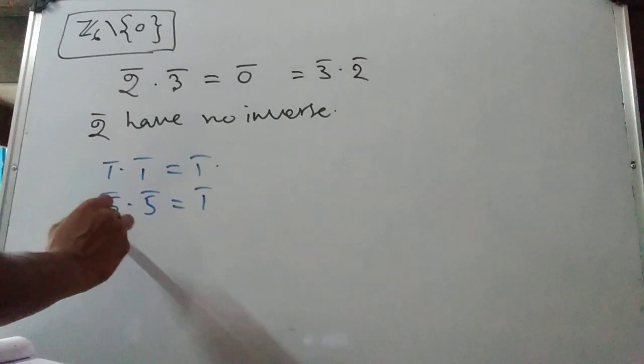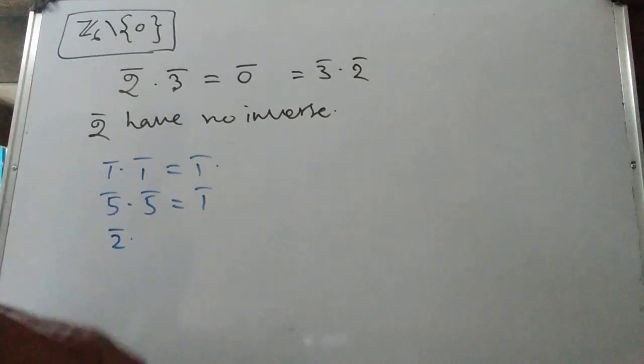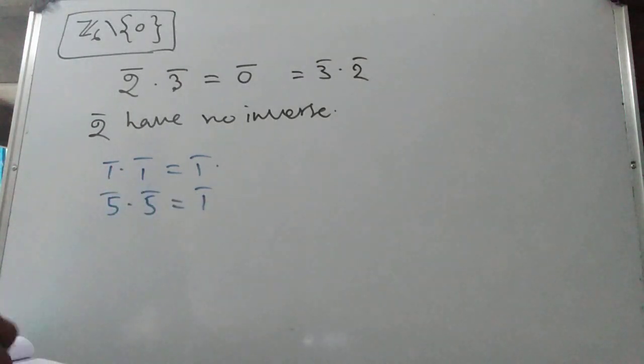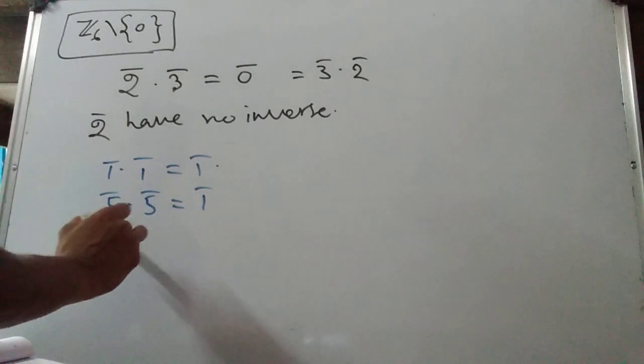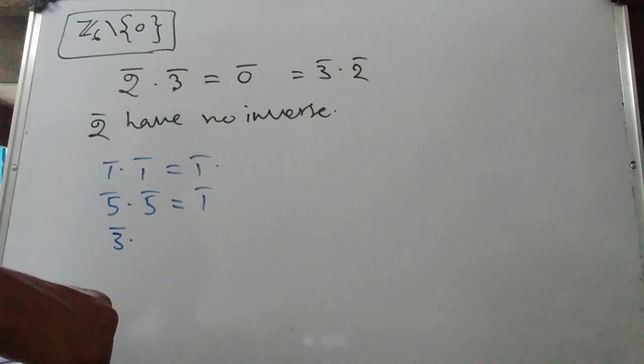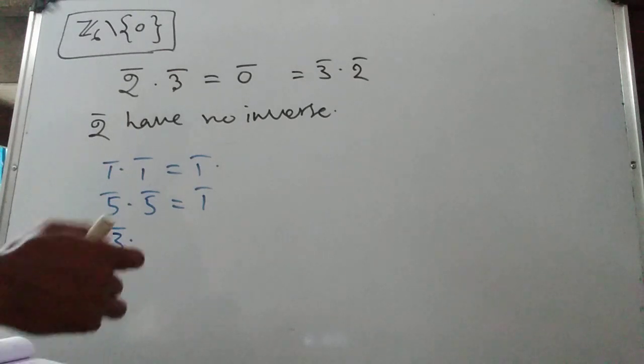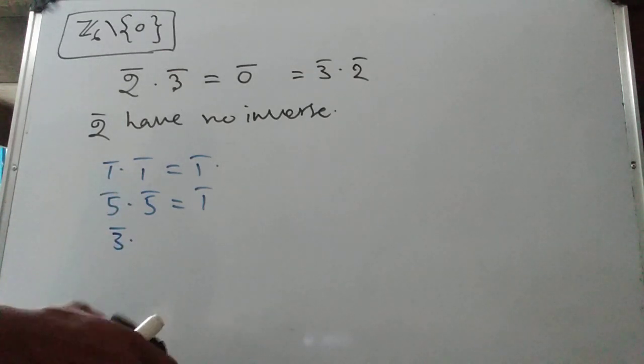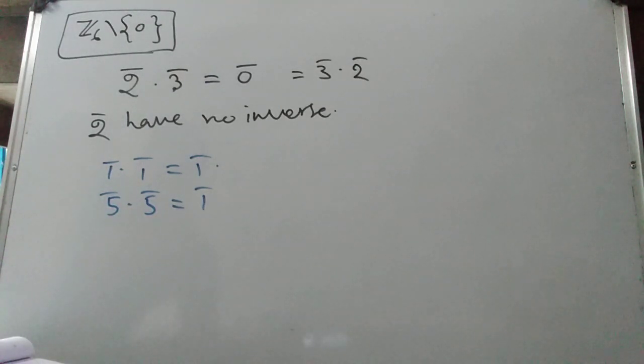And 2 is not possible, 3 is not possible, and 4 is also not possible, I think. 3 times 3 also does not give 1. So just 1 and 5 have inverses. Understood?